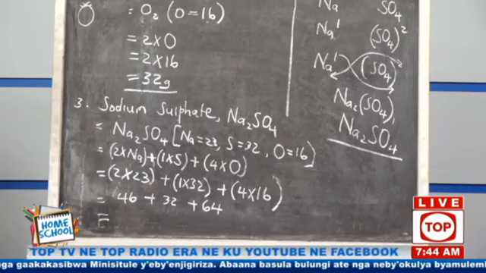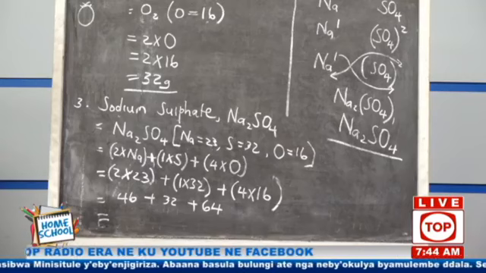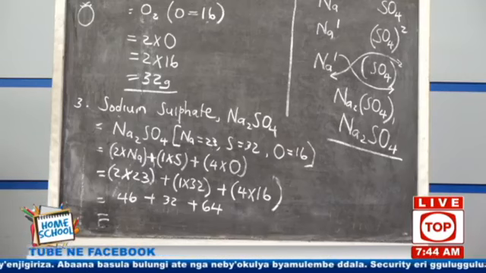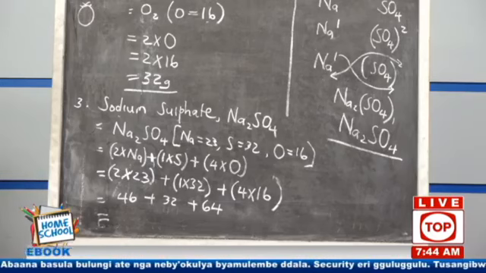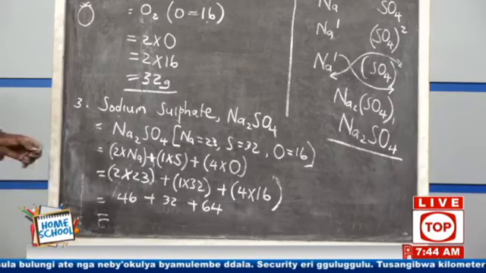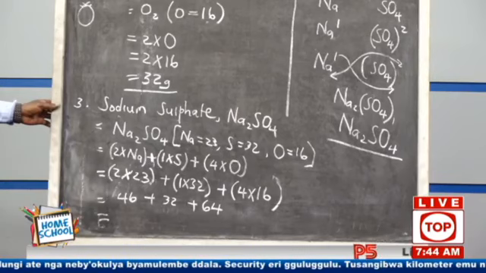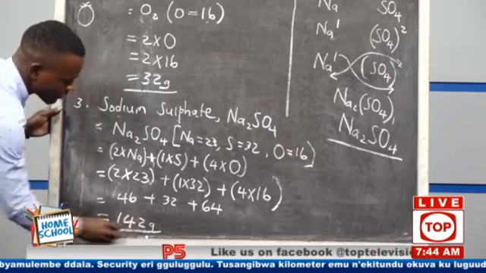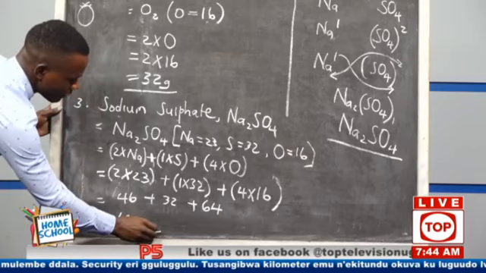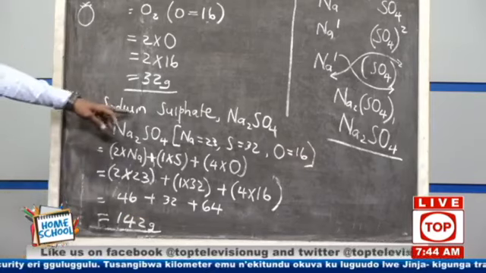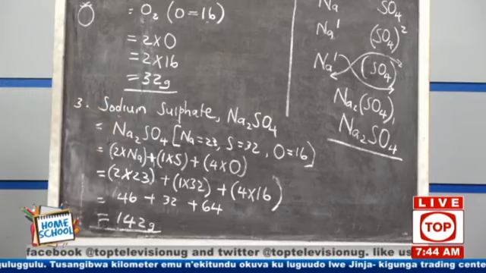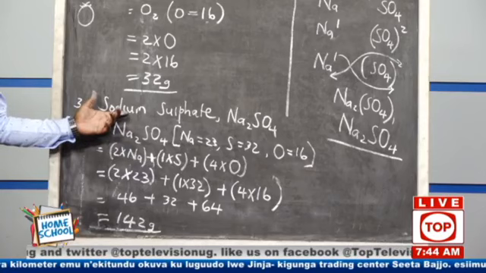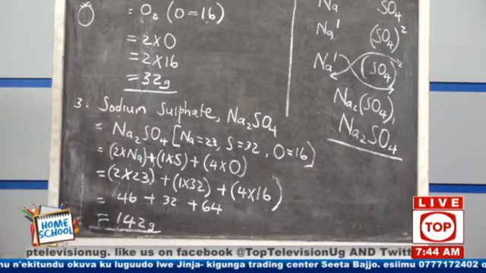Please put there the answer. We get 142 grams. And that is going to be our answer. That's going to be the formula mass of sodium sulfate. Okay? That is the formula mass of sodium sulfate.